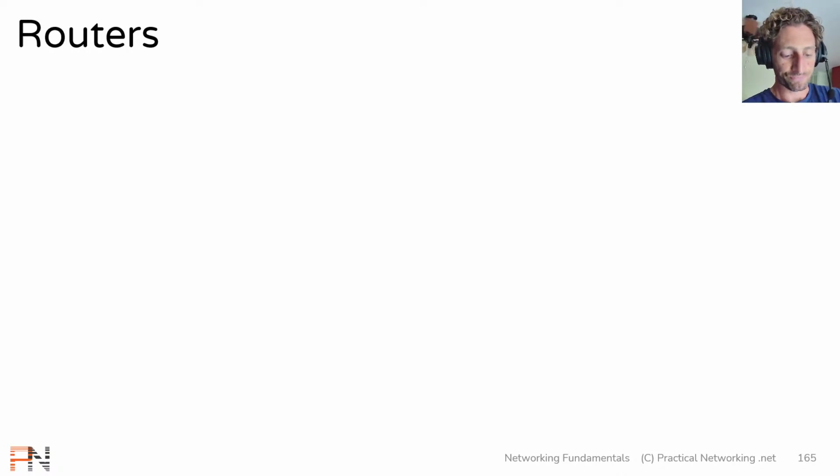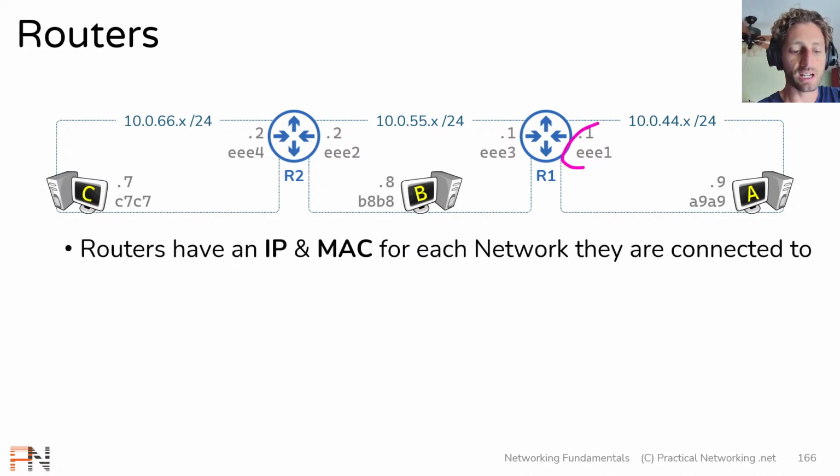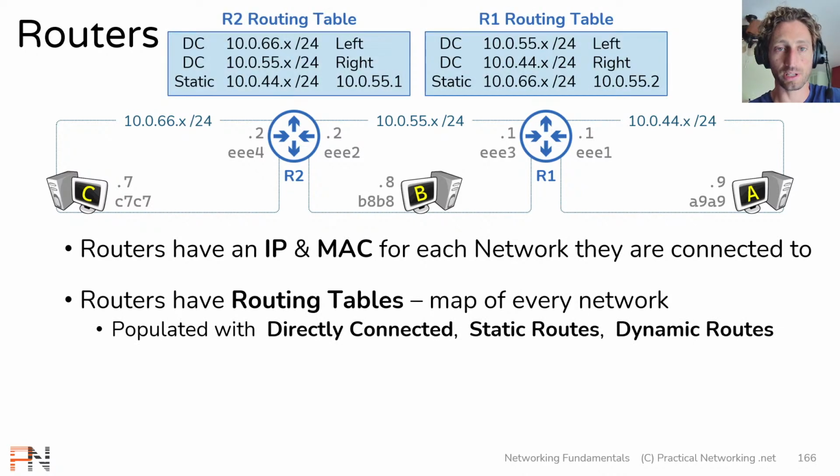Okay, so in part 1, we talked through this topology. We talked through each of these routers having IP addresses and MAC addresses for each of the networks that they're connected to. And we talked through routers having routing tables and the different ways that routing tables can be populated. So here are the routing tables that we looked at in the last lesson for R1, and for R2.